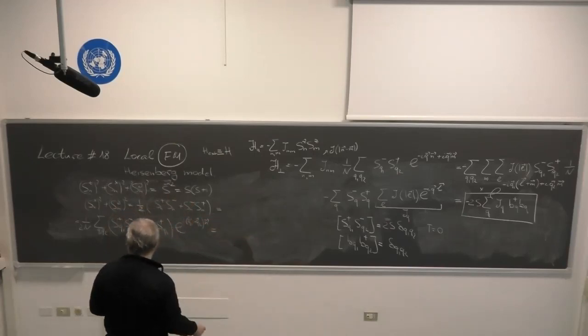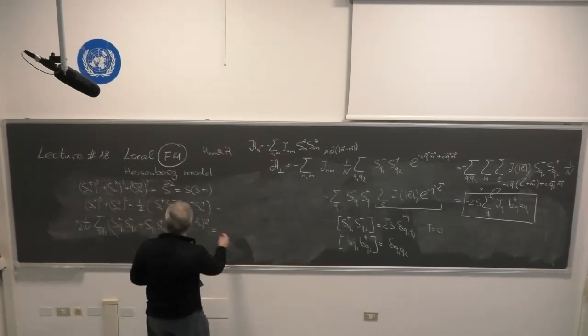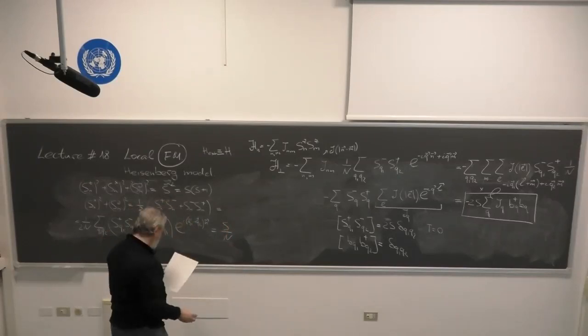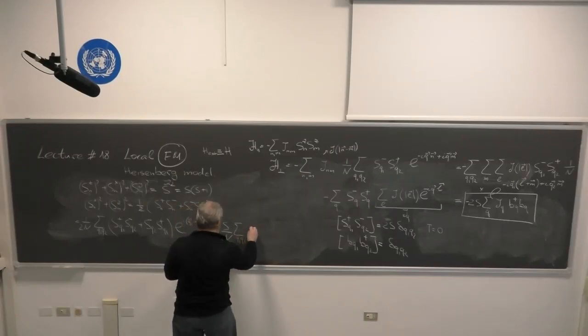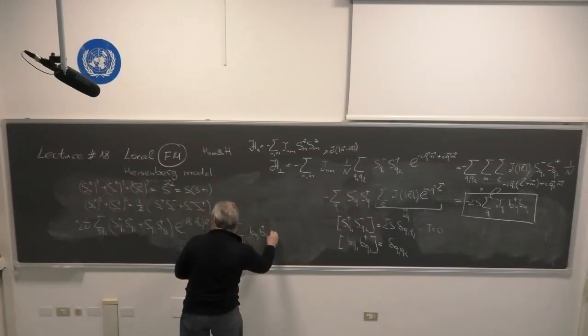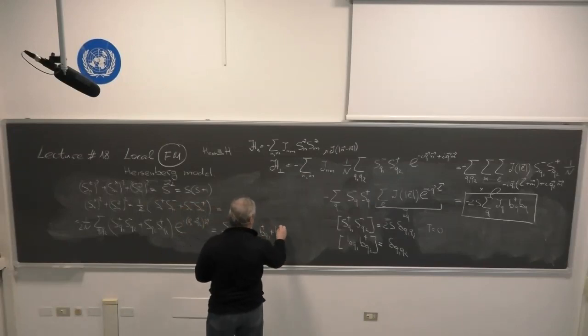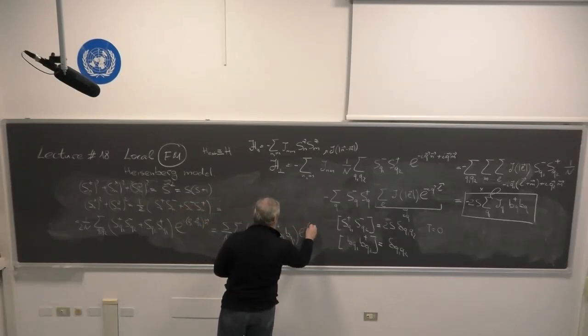From the commutation relations, which we obtained here, this is 2S divided by 2N. Therefore, this is S over N, and I have the sum over q1, q2, b_{q1} b†_{q2} plus b†_{q2} b_{q1}, and I have exponent i(q1 minus q2)n.